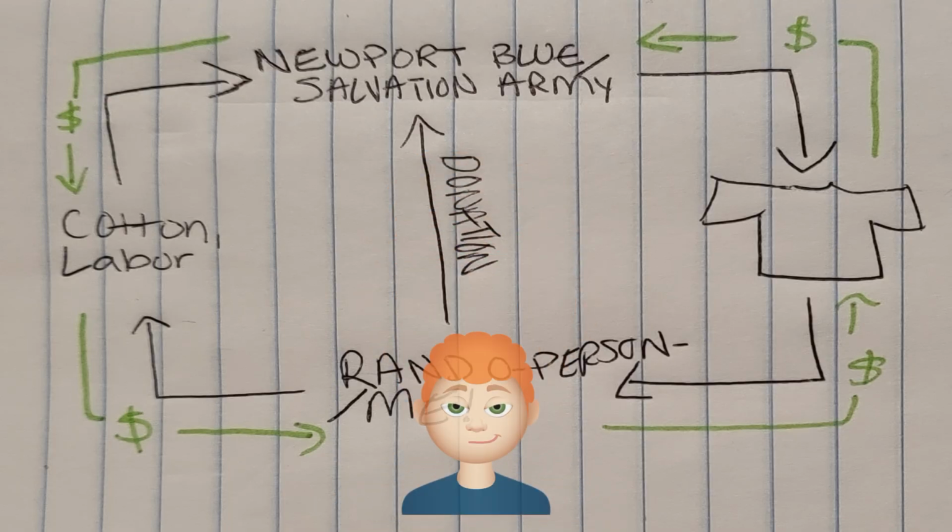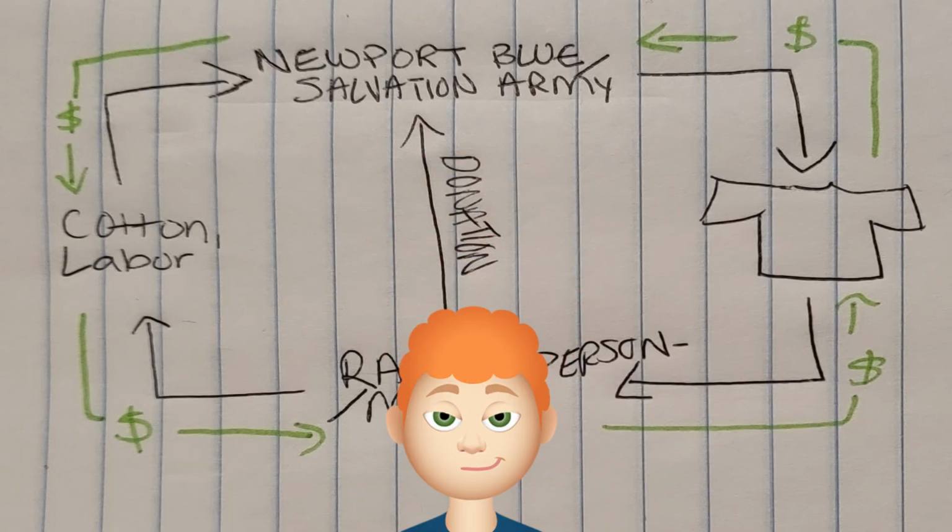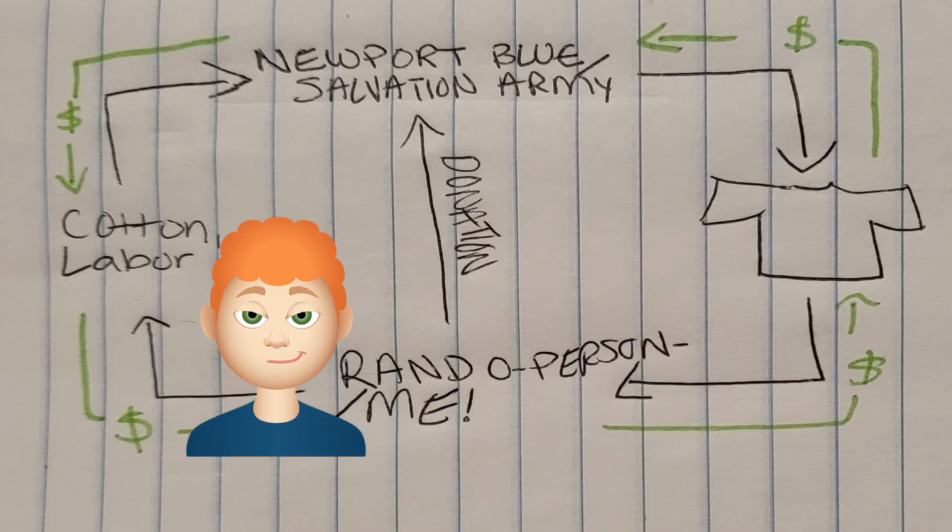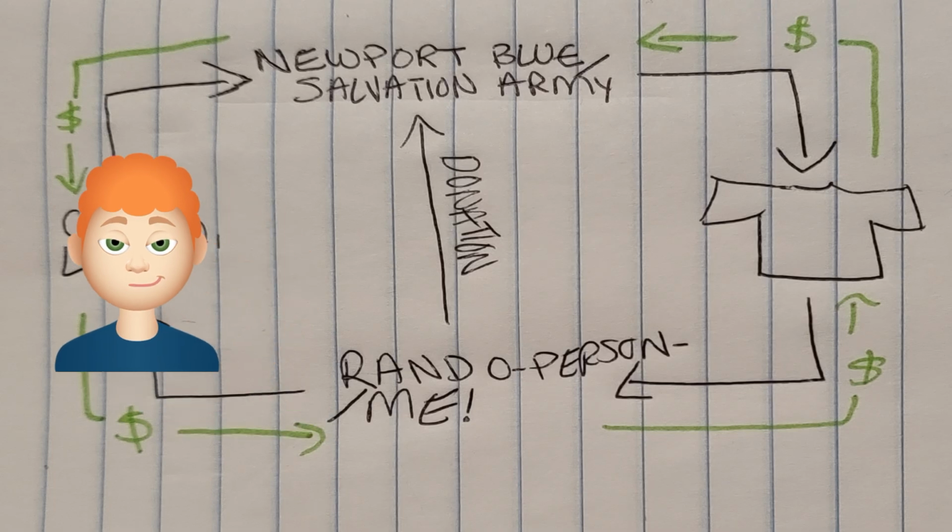And what makes this graph circular is now that the individual has their good, they give back to the factor market. And that is back to the factors of production, whether that person is planting the cotton somewhere else or giving labor somewhere else. They are contributing back to the factor market, which completes this circular flow.